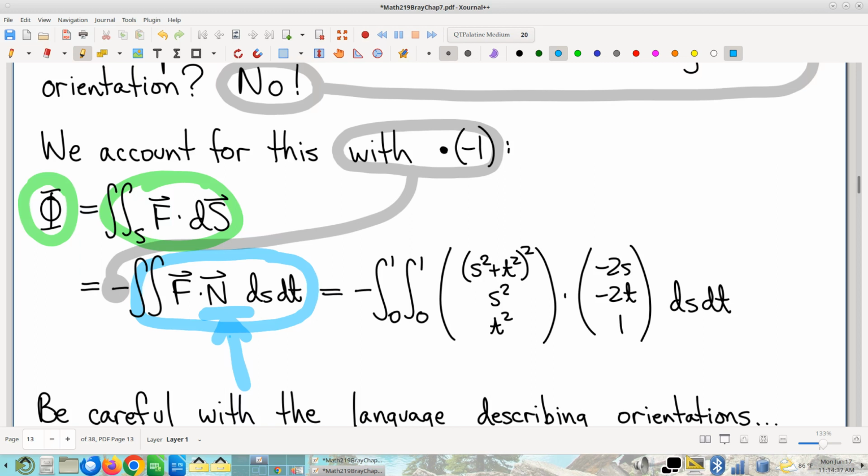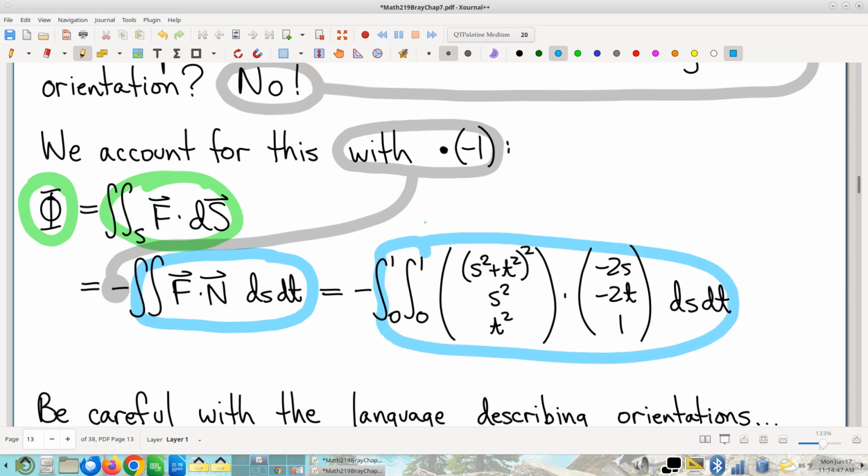Capital N comes from the parameterization. So this is the integral that's different, and then, of course, every integral that follows is also different. So this came out of the parameterization. That means the minus sign has to go here, right? Because the green integral and the blue integral are not equal to each other. They are literally negatives of each other, as we observed.